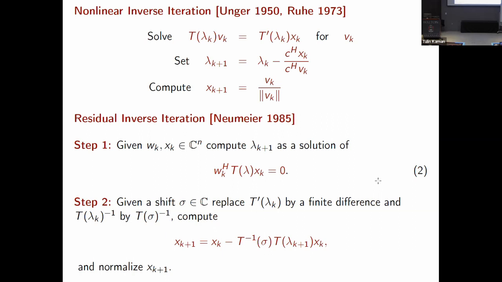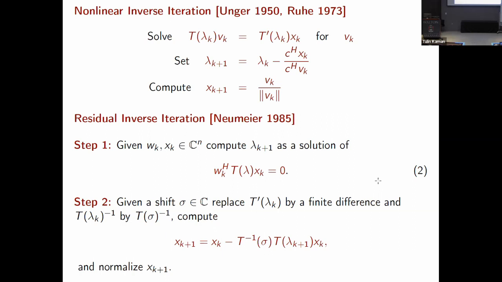So then in 1985, Neumaier proposed what's called the residual inverse iteration, which has two main steps. First we are given two vectors. We have an approximation of the kth eigenvector and some vector w_k, which is given. And there is a whole discussion about what this vector should be.